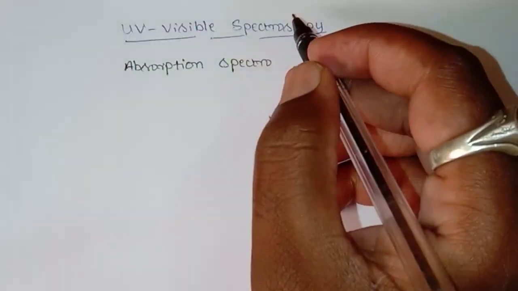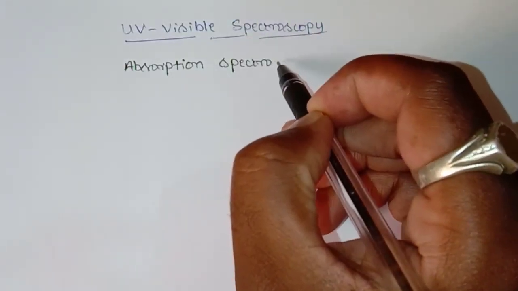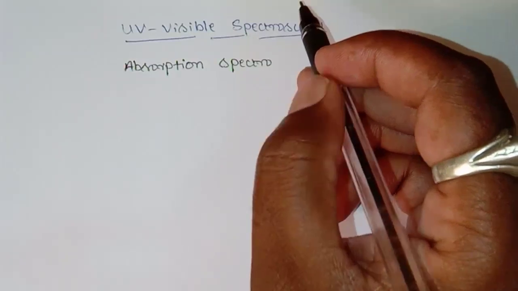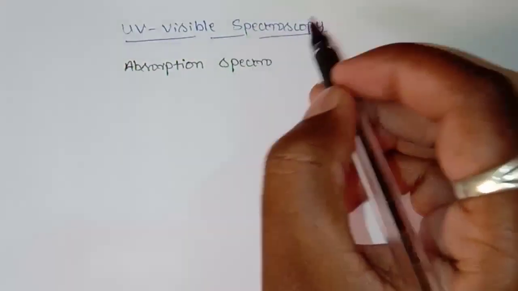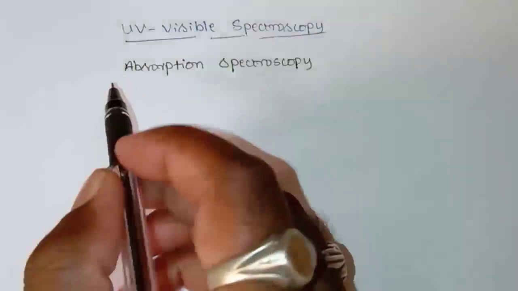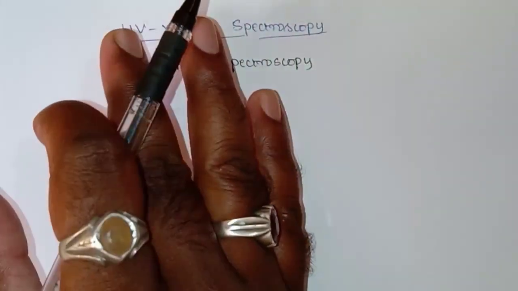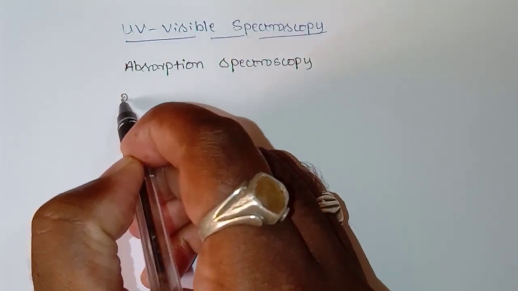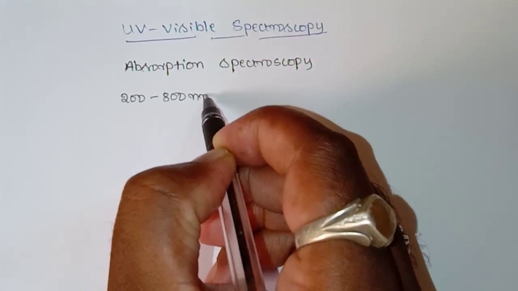Strictly speaking, how much UV or visible radiation is absorbed by a material so as to show the absorption bands. That's why UV visible spectroscopy is an absorption spectroscopy. The absorption of light by a sample in the UV or visible region mainly occurs in the range of 200 to 800 nanometers.